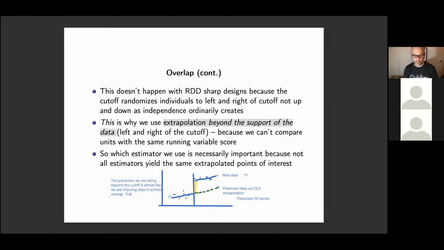There is no data there. It's just prediction from extrapolation, which statistical models can do. All right, it's that simple.